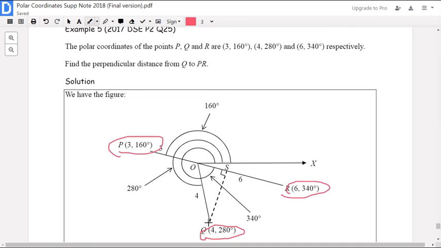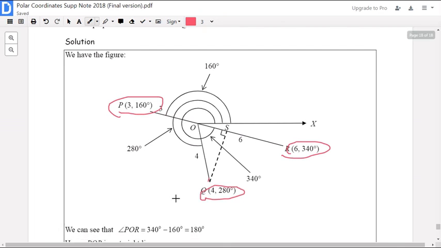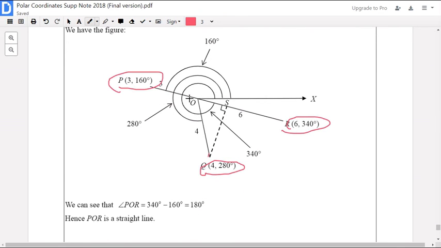I want to find the perpendicular distance from Q to PR. Right, POR is actually a straight line. You should check, because 340 minus 160 is 180. So POR is a straight line.